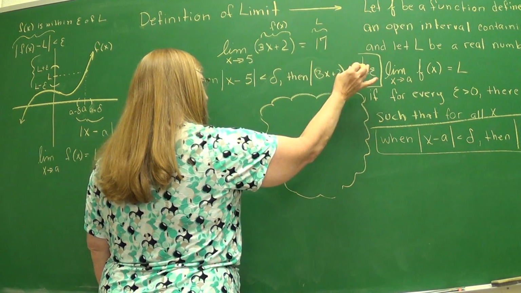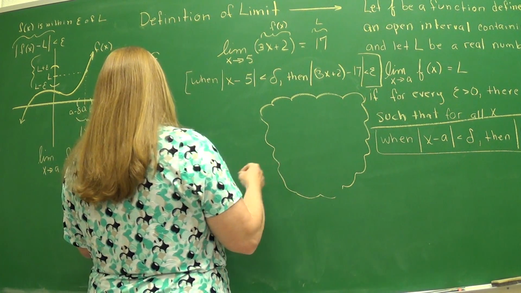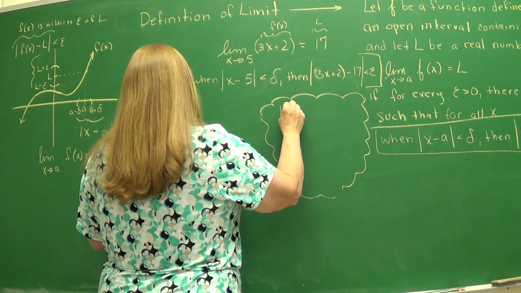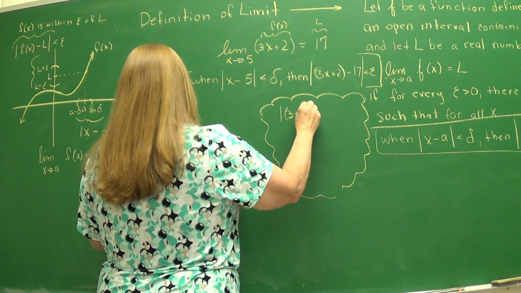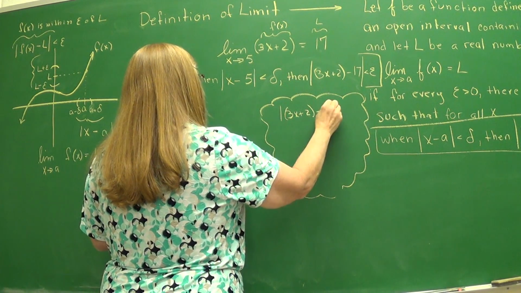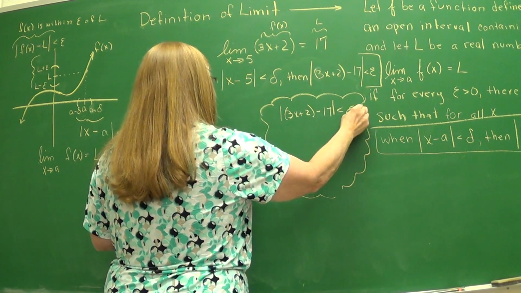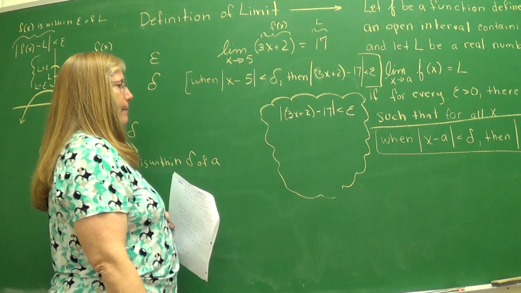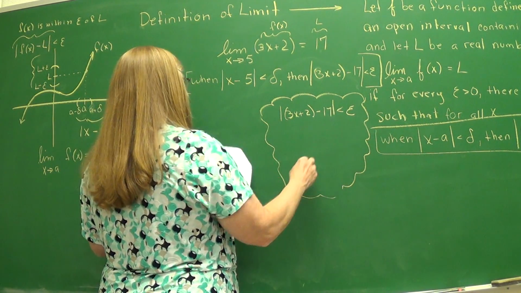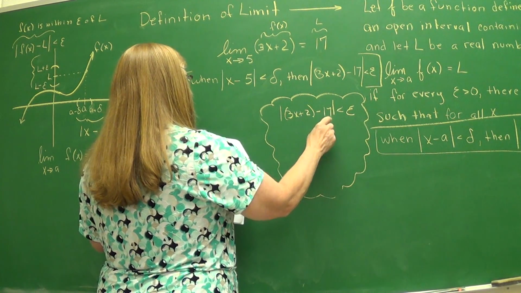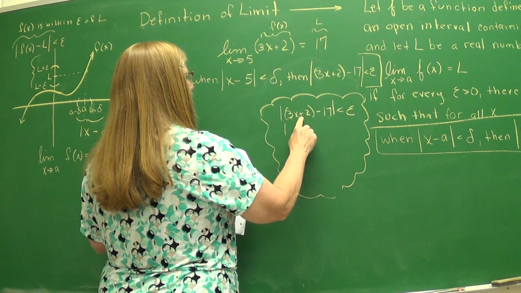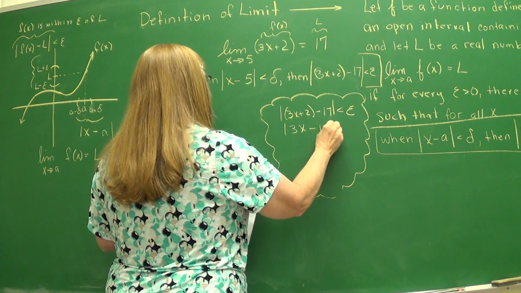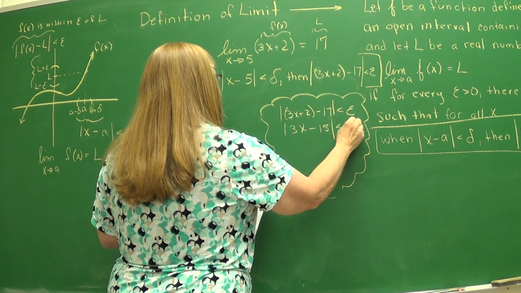So I'm going to start with this, and I'm going to indicate that the absolute value of 3x plus 2 minus 17 is less than epsilon, and I'm going to work backwards to find out what delta must be. All right, so let's simplify within the absolute value sign. What is 3x plus 2 minus 17? It's 3x minus 15.